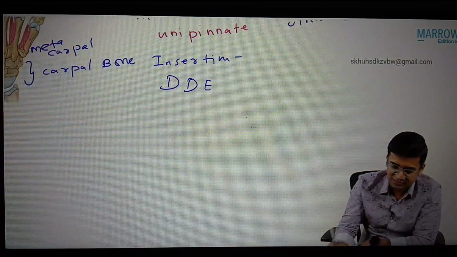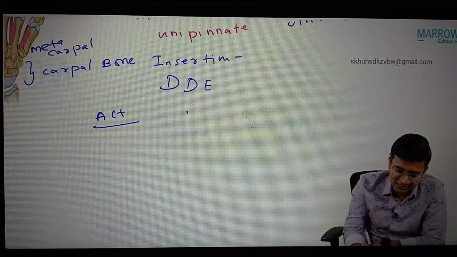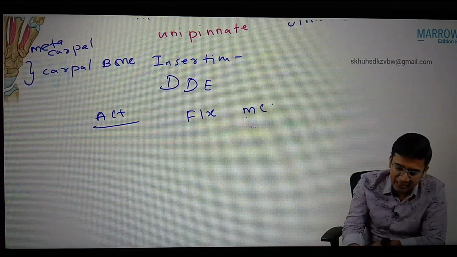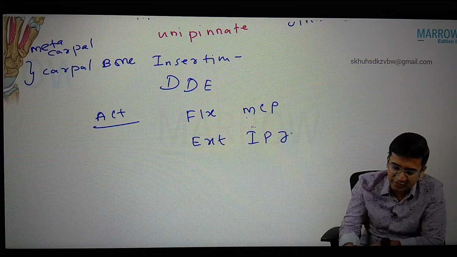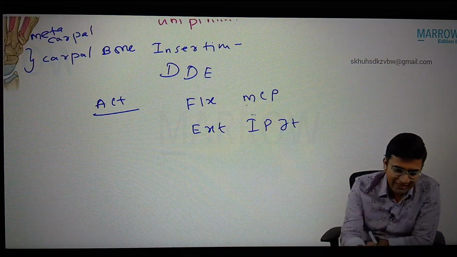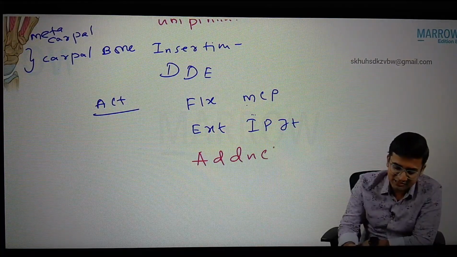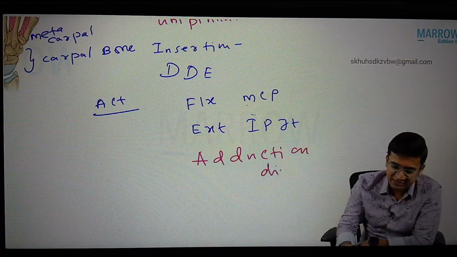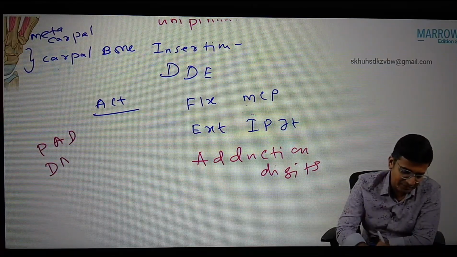Now what is the action? Just now I told you, along with the lumbricals, they flex the metacarpophalangeal joint and extend the interphalangeal joint. Now one more action is there. Palmar interosseous adduct the fingers, adduction of the digits. Again, we have the old mnemonic, PAD DAB.